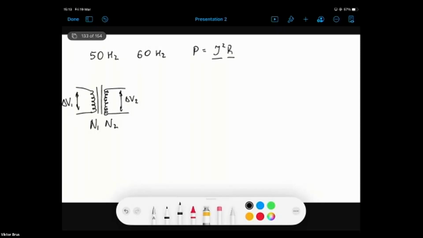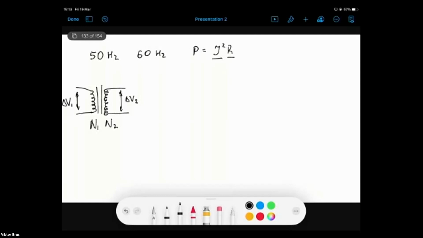The role of the ferromagnetic core, or iron core, is to realize conditions when all magnetic field lines which go through the primary coil also go through the secondary coil. Of course there are some losses.